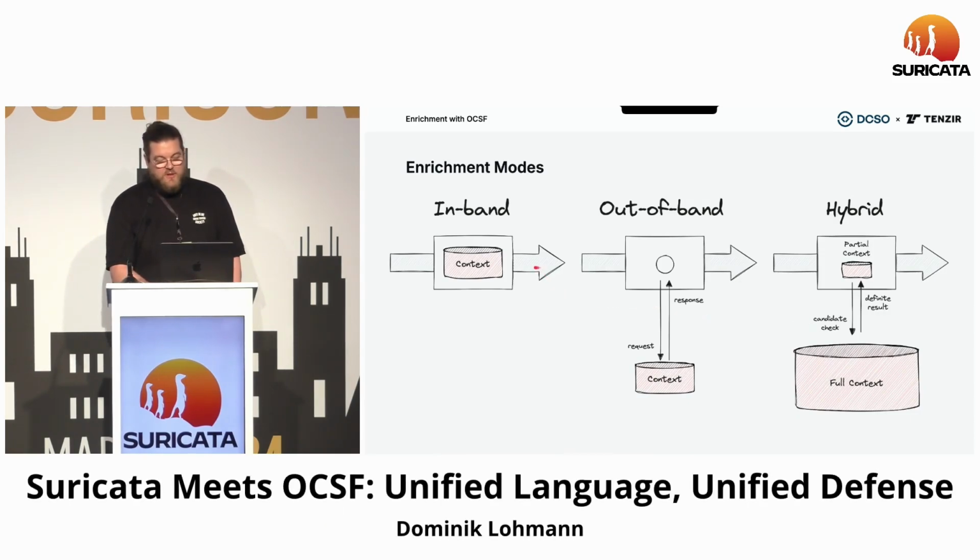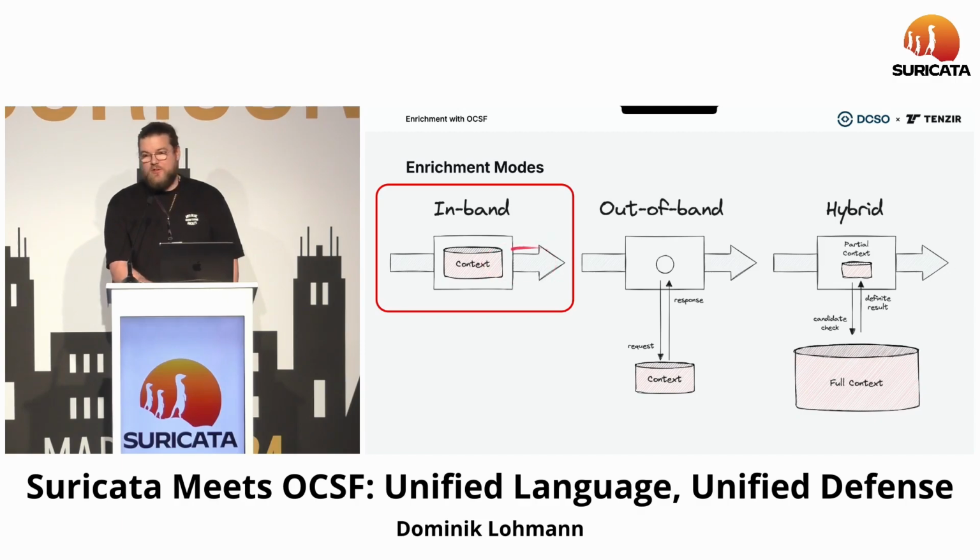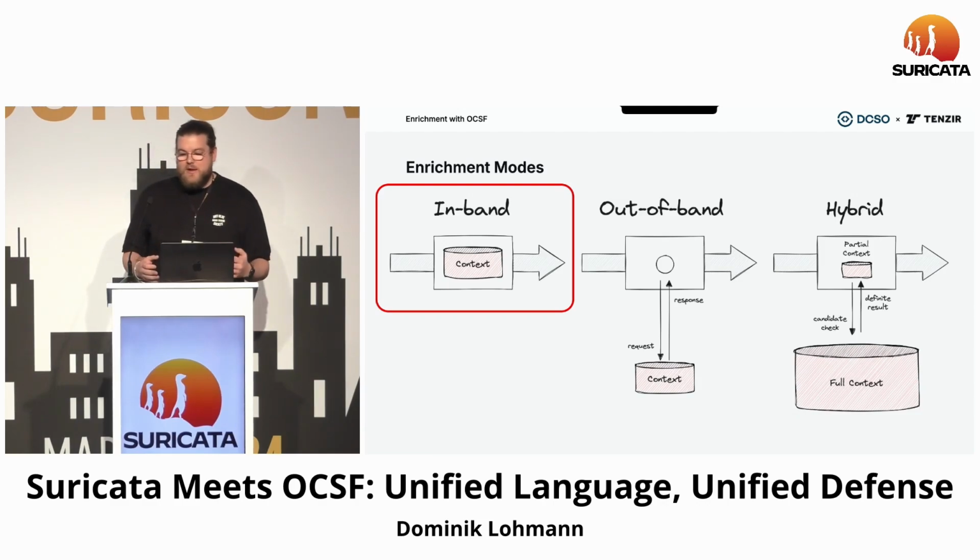The first one, and the one we're going to focus on for this talk, is in-band enrichment. You get some piece of context, some data that you want to use for enrichment, and you bring it directly into your data pipeline. Within your pipeline, you can take that context, look up some additional values, and put them into your data, very flexibly and in real time.